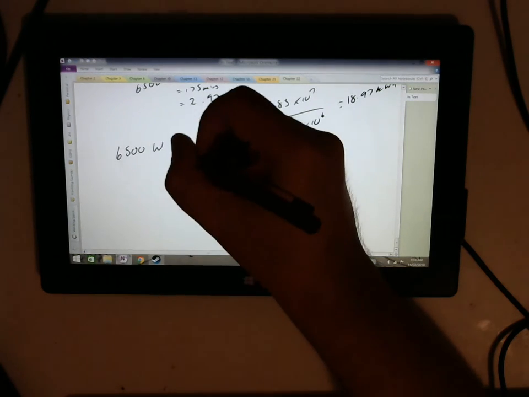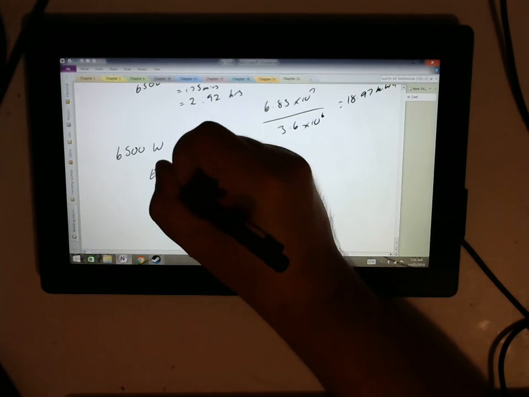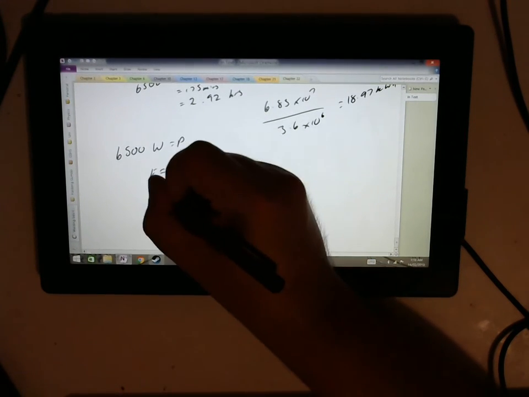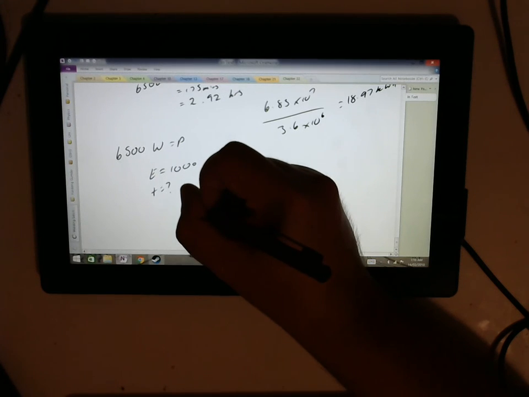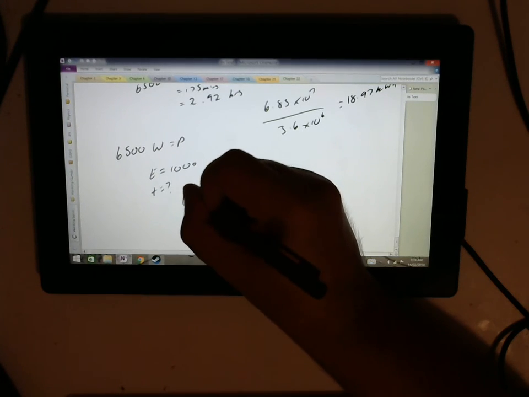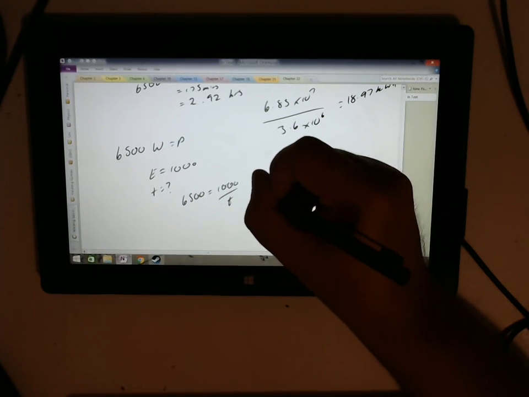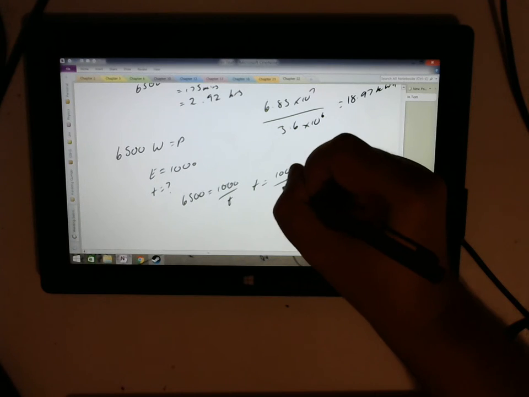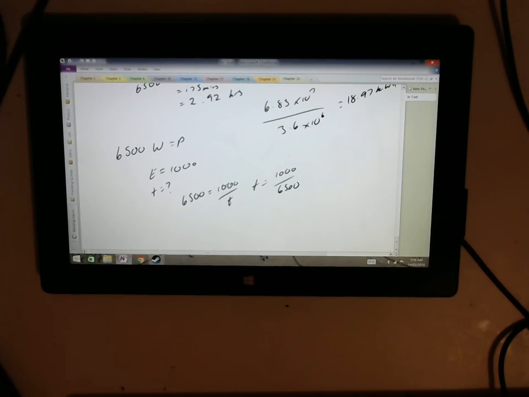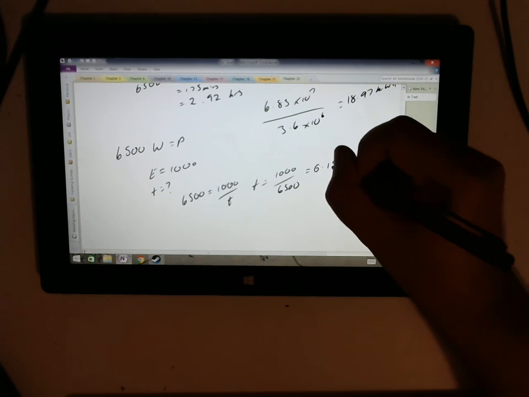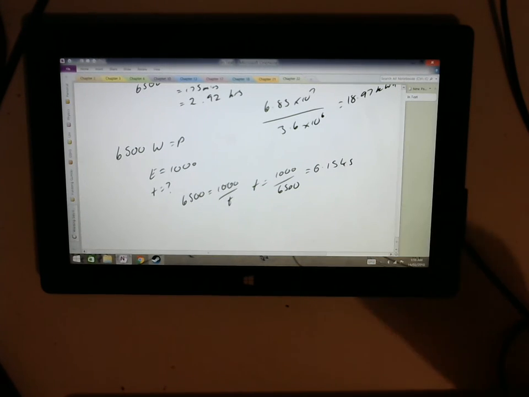If we let energy equal 1,000, and that's our power, we can work out time. So 6,500 equals 1,000 divided by t. So t equals 1,000 over 6,500, which equals 10 over 65. 10 divided by 65 gives us a time of 0.154 seconds.